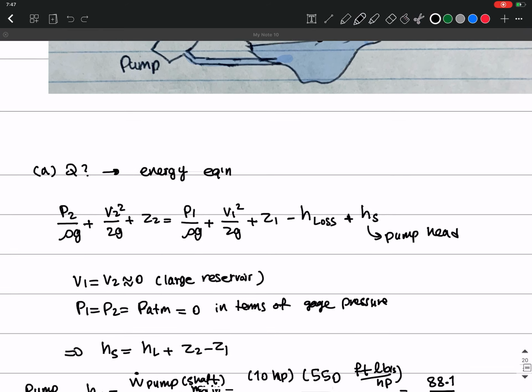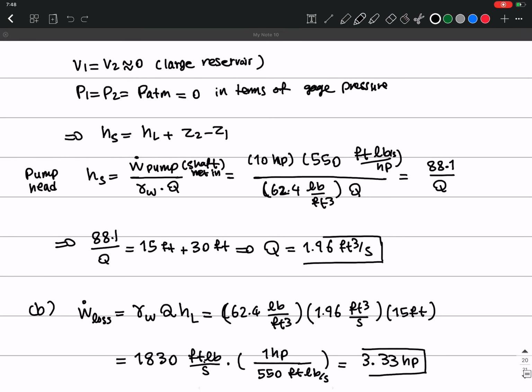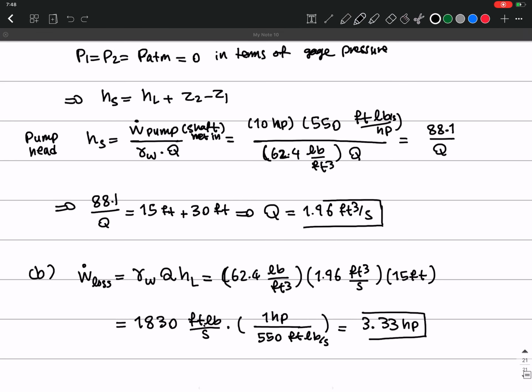Another way to calculate it, this just came to my mind here, is you have this much head that is pumped by the pump, right? This is the head provided by the pump, the total head.